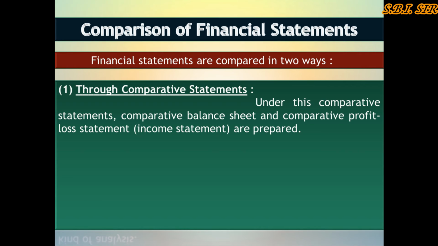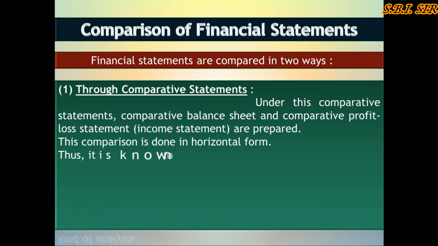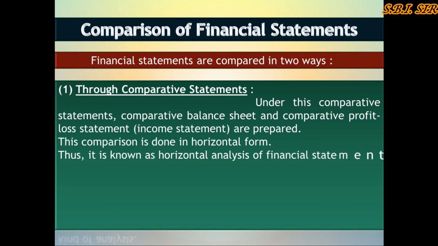Under these comparative statements, comparative balance sheet and comparative profit loss statement, meaning income statement, are prepared. This comparison is done in horizontal form. Thus, it is known as horizontal analysis of financial statements.